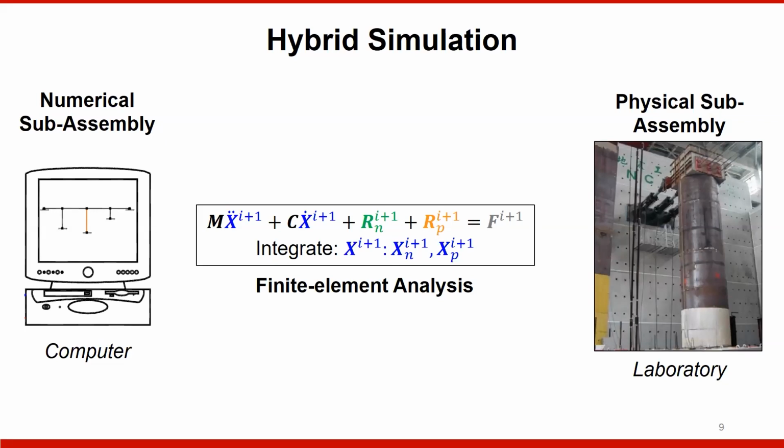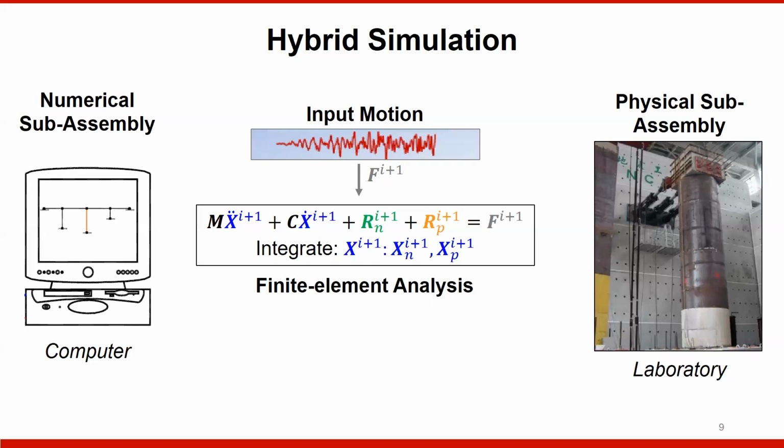And so what you do is you integrate that equation of motion in time. That gives you a displacement at the next time step. You might also subject it to a seismic loading, in this case in the numerical model. You get the displacement at the next time step, you virtually apply that displacement in the numerical model and physically apply it via some sort of actuation system in the physical model.